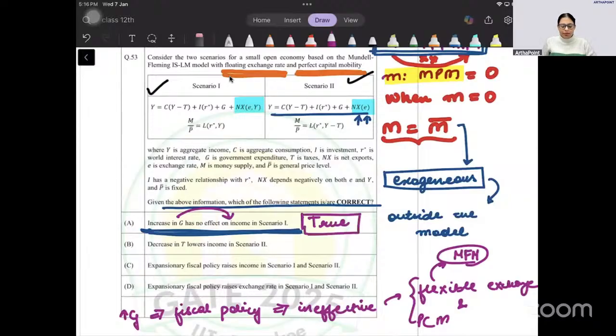Read statement number 2. Decrease in T lowers income in scenario 2. Decrease in tax lowers income in scenario 2. What about this statement?